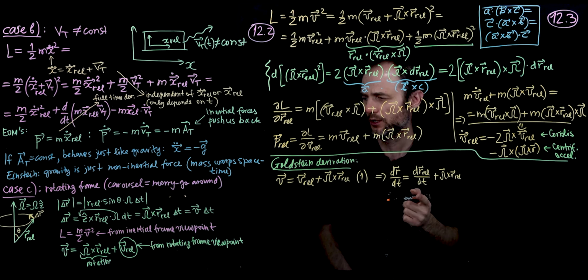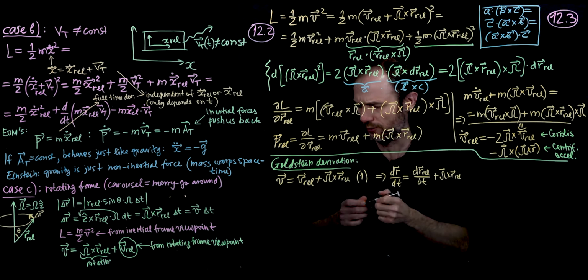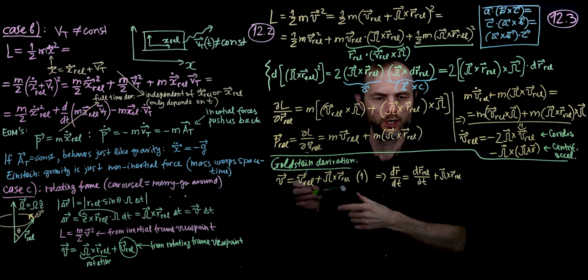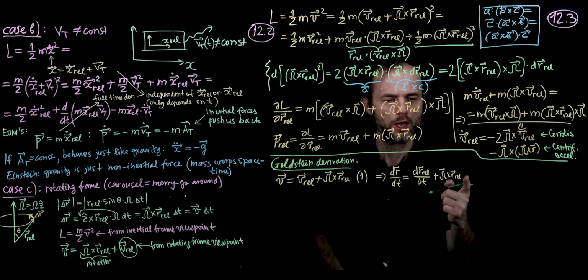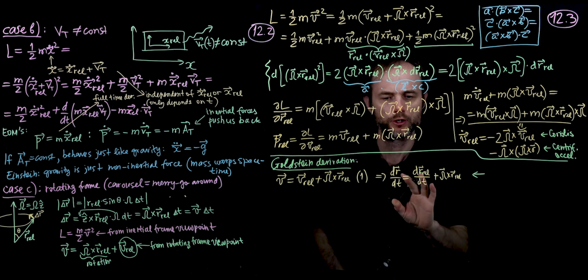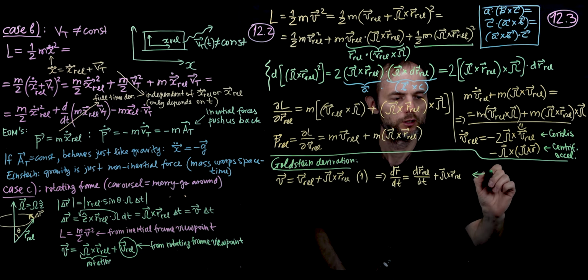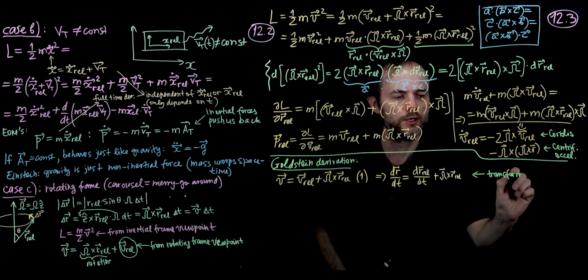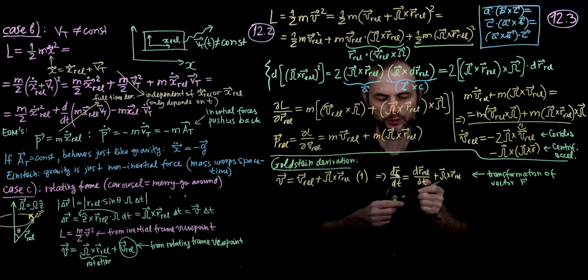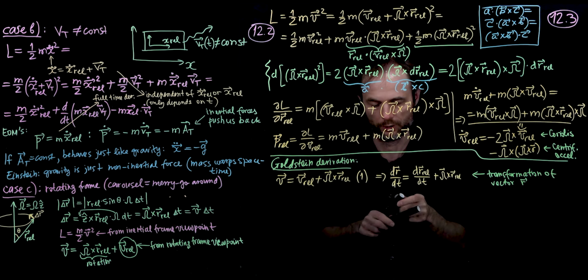And equivalently, this can be viewed as an equation for transformation between r and r_rel. This is how the radius vector transforms. So it's a transformation of vector r.